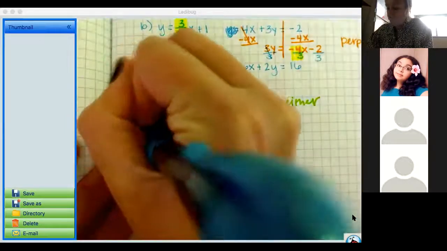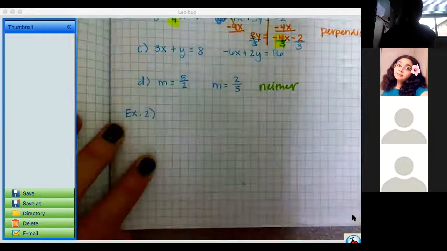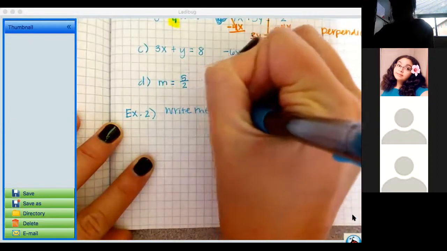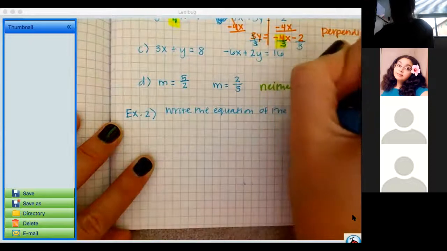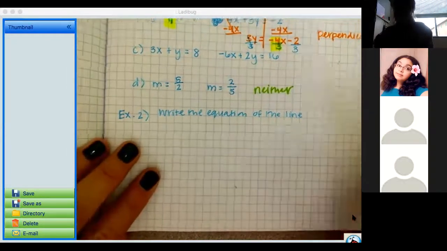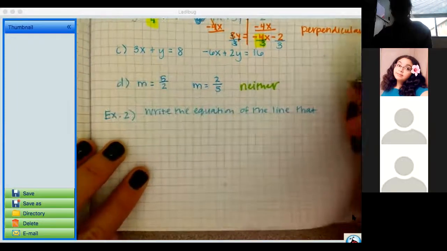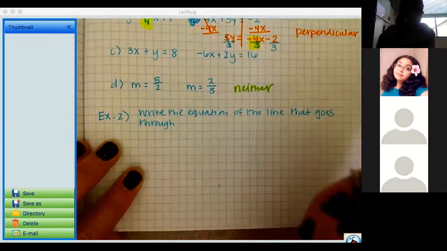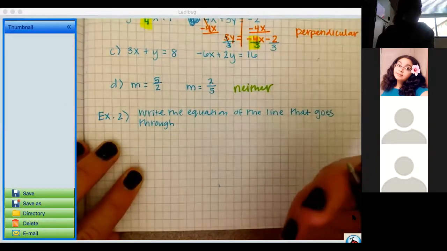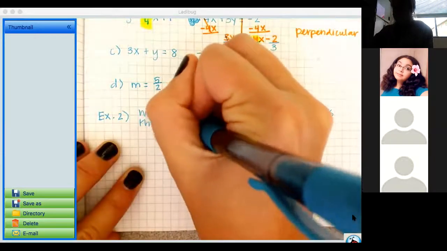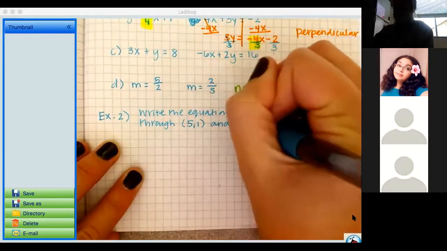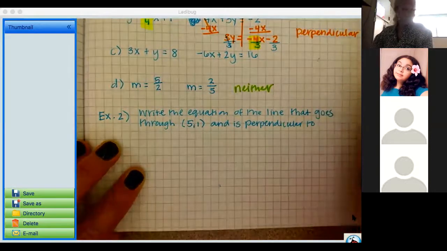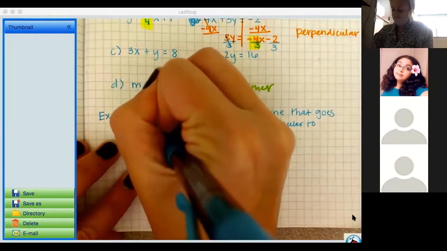I'm going to move on to example 2. In example 2, we're going to write the equation of the line that goes through 5, 1 and is perpendicular to the line 5x.